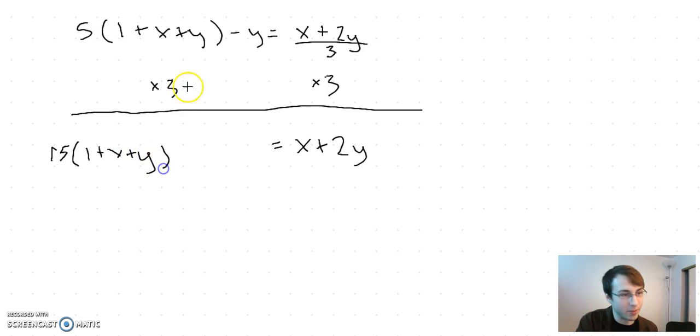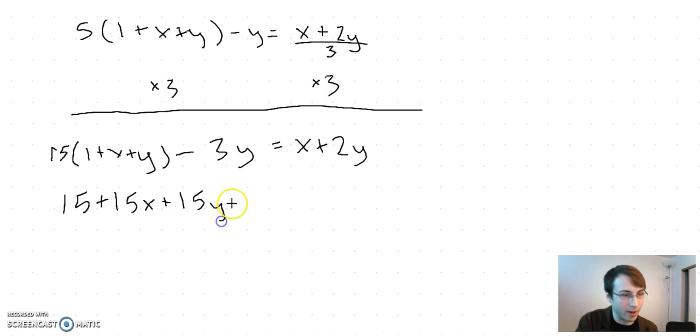Maybe we should have distributed it first just to be clear, but yeah, you can figure it out. Then minus y times 3, that's minus 3y. Okay, now if we distribute this over, we get 15 plus 15x plus 15y minus 3y equals x plus 2y.